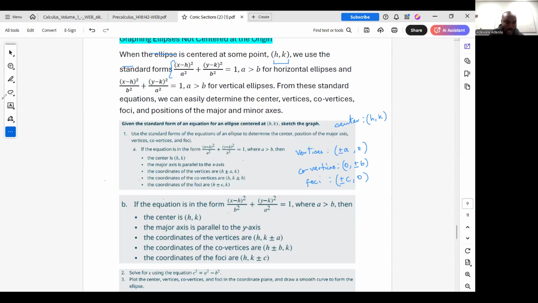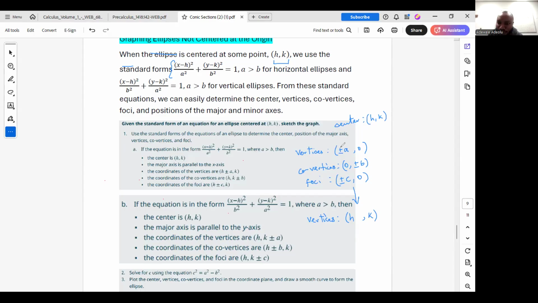I just need to account for that, and that transforms these three into this. So for the vertices, I just need to start with h, comma, k.